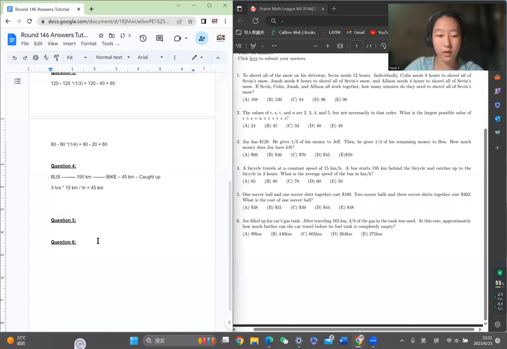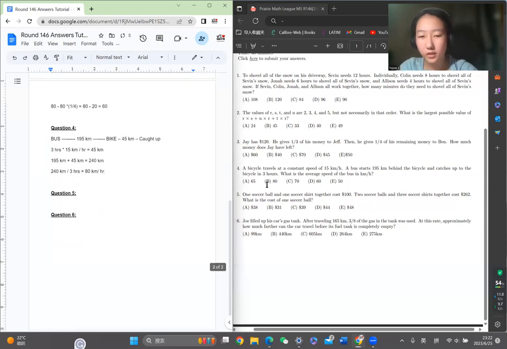Once we know this, the total distance that the bus travels in 3 hours is 195 kilometers plus 45 kilometers equals 240 kilometers. 240 kilometers divided by the amount of time, 3 hours, equals 80 kilometers per hour. So the solution to this problem would be 80 kilometers per hour, or B.